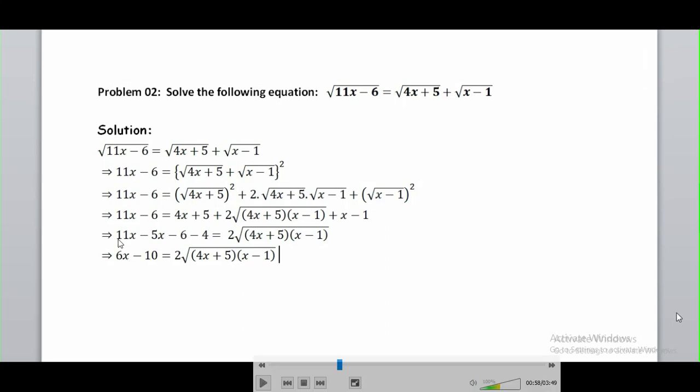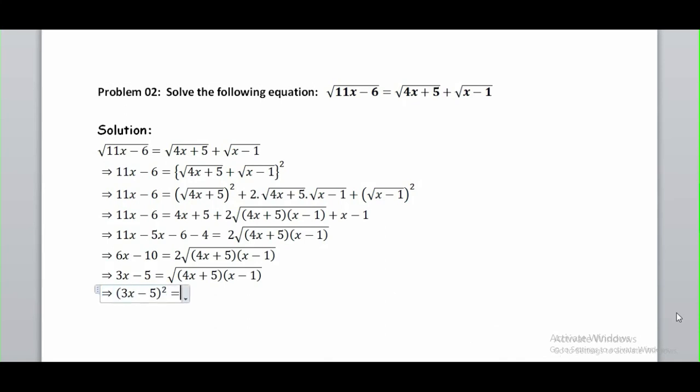In this line we have normally simplified the expression of the left side. In this line we have divided both sides by 2. Now we will square both of the sides. It will give 3x minus 5 whole square at the left side.